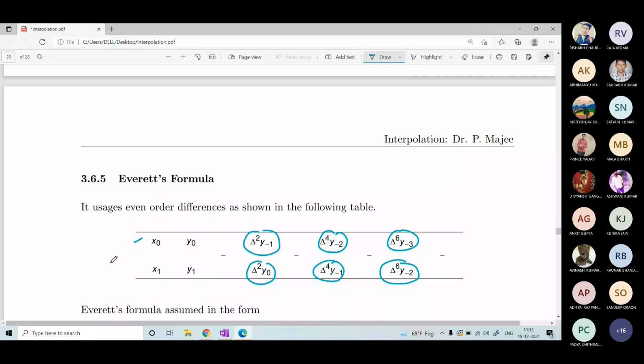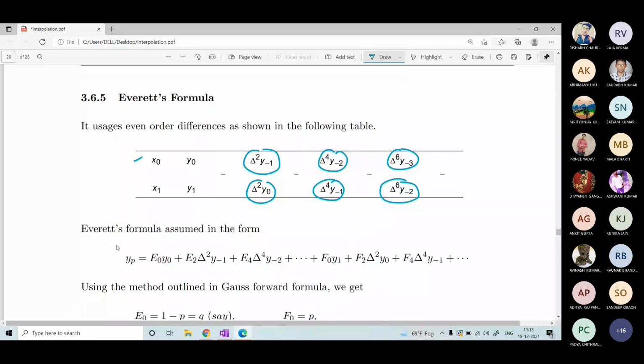Output at any arbitrary point yp will be a linear combination of these elements. A certain constant into y0 plus another constant into del square y minus 1 plus another constant into del 4 y minus 2 plus another constant into del 6 y minus 3 and so on, plus another set of constants into y1, plus another constant into del square y0, plus another constant into del 4 y minus 1 and so on. Though this representation of yp looks infinite, it is not the case. That part should be finite. There will be only a finite number of terms in this expression.